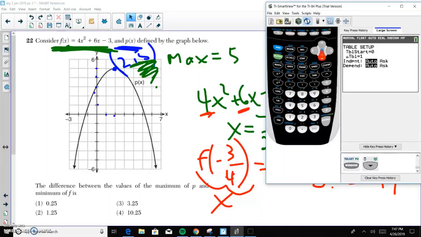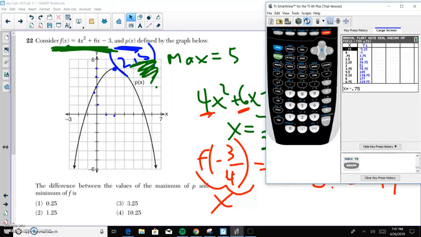The table currently is starting at 0 and going by ones. So let's change our table to going by 3 over 4 and starting at negative 3 over 4. Now let's see what happens. Go to second graph. Now let's go to negative 0.75, which is negative 3 over 4.